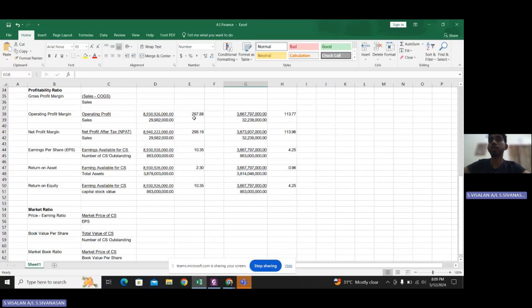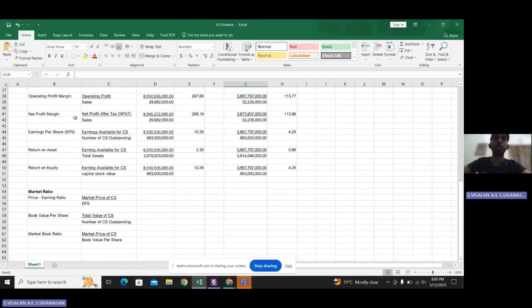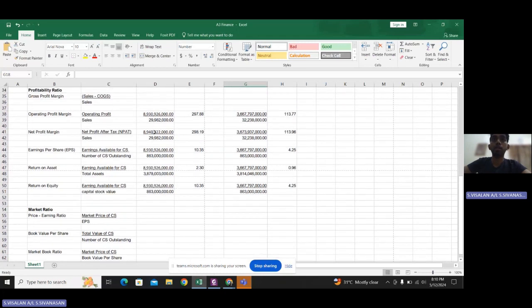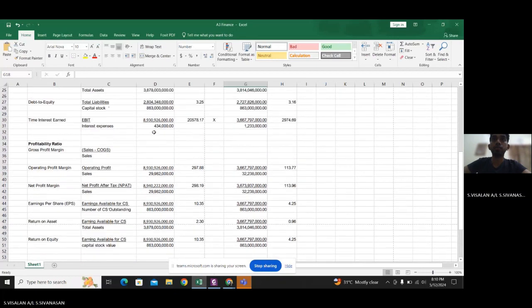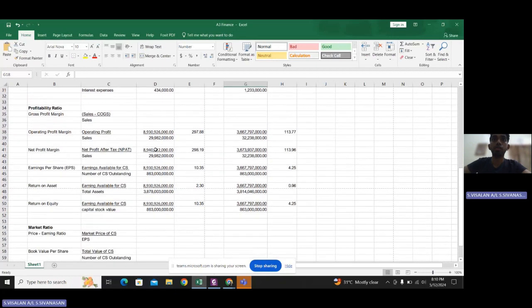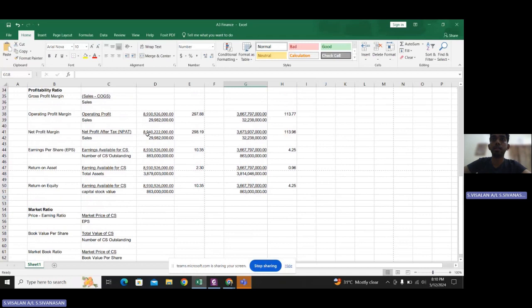So the answer will be 297.88 for year 2020, and for 2021 it's 113.77. And then net profit margin. NPAT divided by sales is the formula for net profit margin. So we use the same amount.